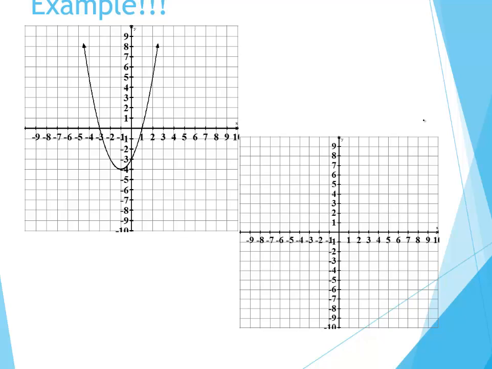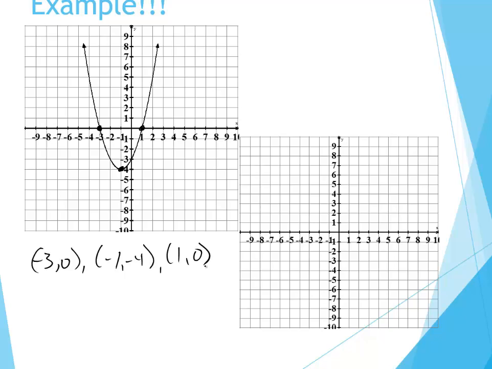So here's an example. We have our quadratic function. And let's go ahead and find 3 points. Let's find the roots, which are here and here, and then the vertex, which is here. So that's going to be (-3, 0). Oh yeah, (-1, -4). And then (1, 0).